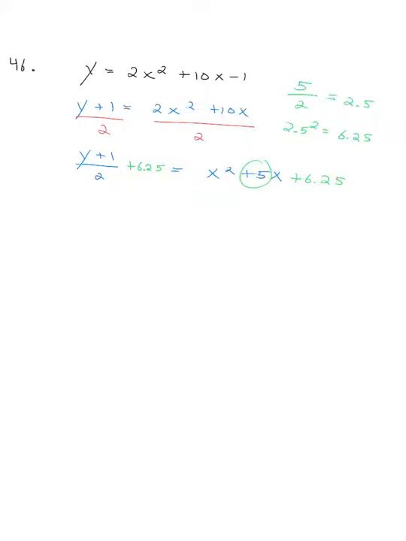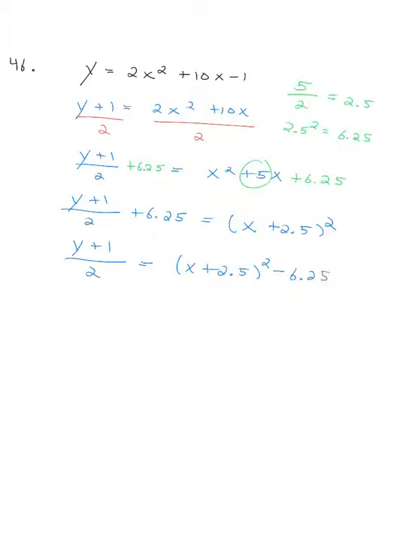And the reason this works is, on the left, we have y plus 1 over 2 plus 6.25 is equal to, on the right, I get x plus 2.5 squared. I now subtract the 6.25. I now multiply both sides by 2.